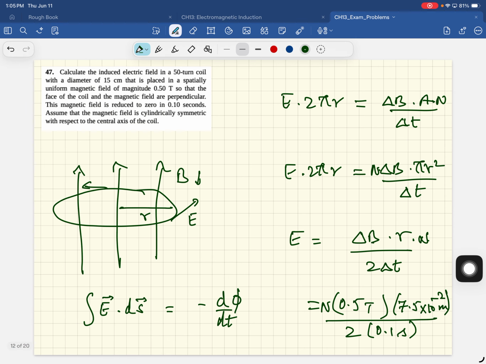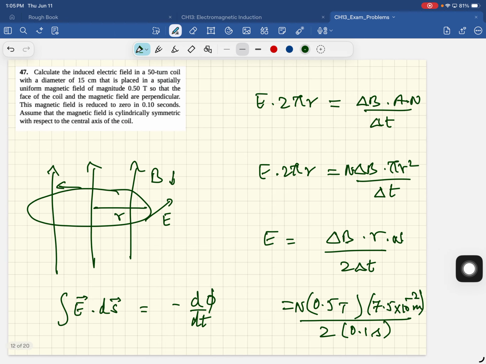Pi r cancels, you're left with r, and then the 2 over there.